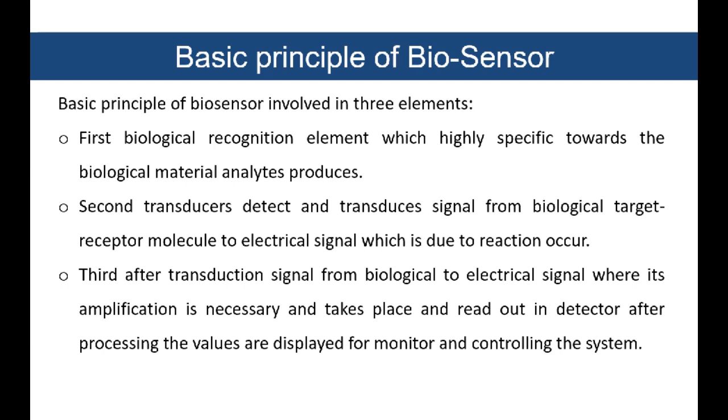That is, the analyte is producing the biological material which is being recognized by the biological recognition element. The second element is the transducer that detects and transduces the signal from the biological target receptor to the electrical signal, as per the reaction occurring over there.